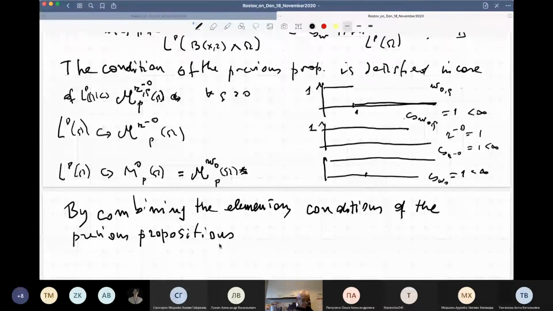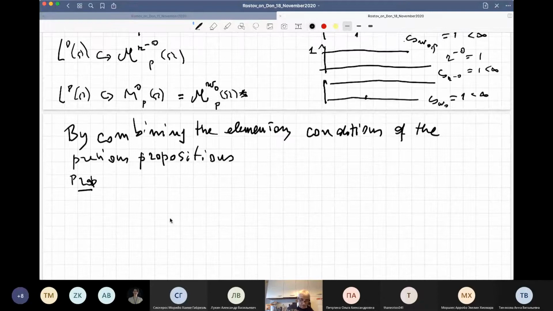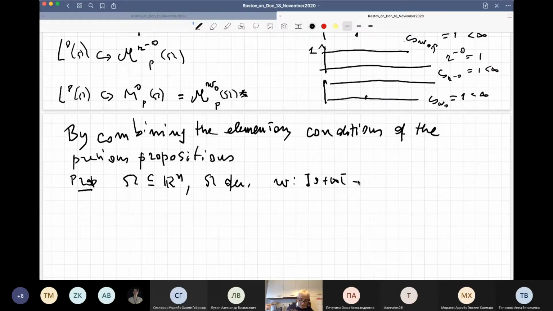By combining them, we have the following. Again, the assumptions are: omega a subset of R^n, omega open, W from 0 plus infinity to 0 plus infinity.